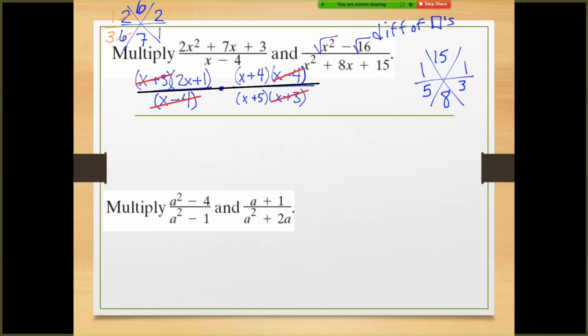No, I'm done. So whatever's left is going to be part of my answer. So 2x plus 1 and x plus 4 end up on top. And then the bottom, we just have x plus 5. And that right there would be our final answer.